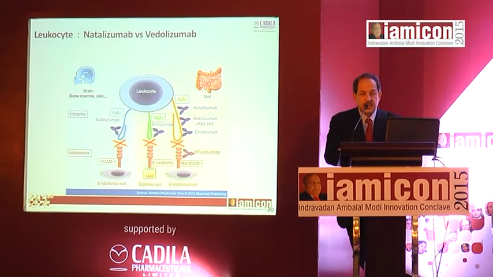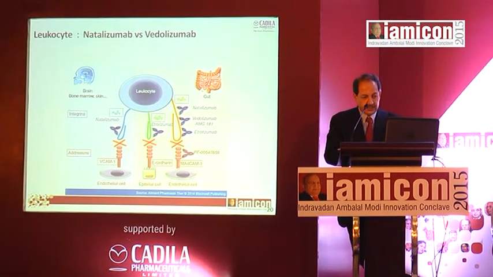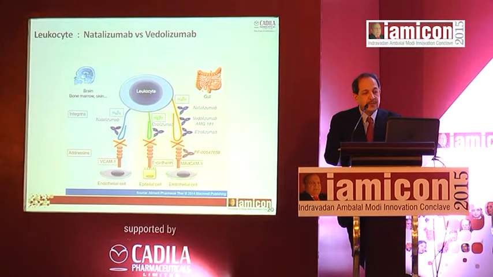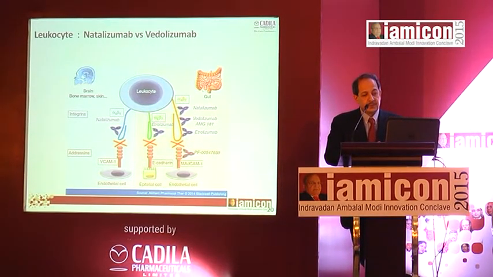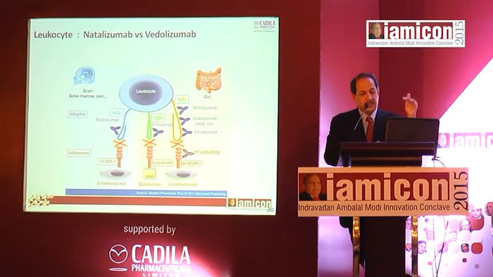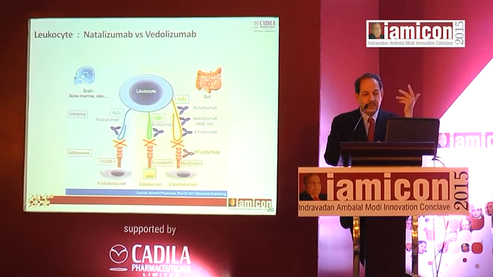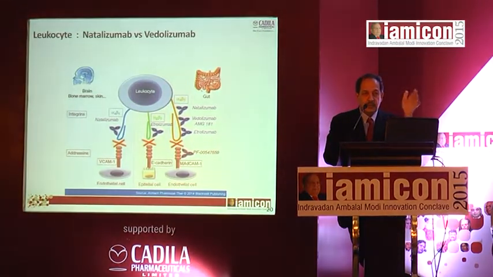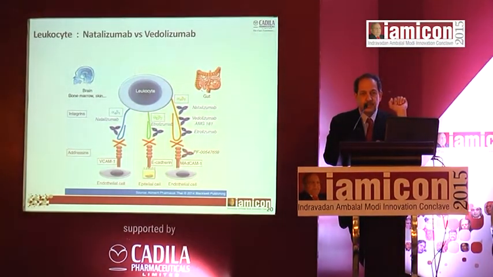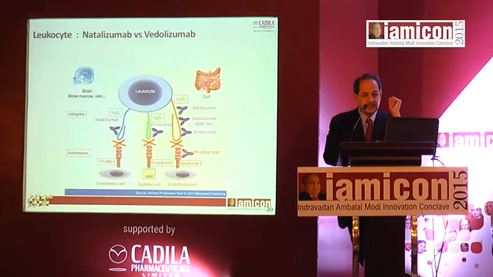If you look at the leukocyte, you have these integrins which are attached to the leukocyte, and you have these adhesins which are on the other side. You have a combination of these integrins getting in contact with adhesins, and then the two come together. There are various types of adhesins, and you have VCAM, which is all throughout the body on the vascular endothelium, including the central nervous system.